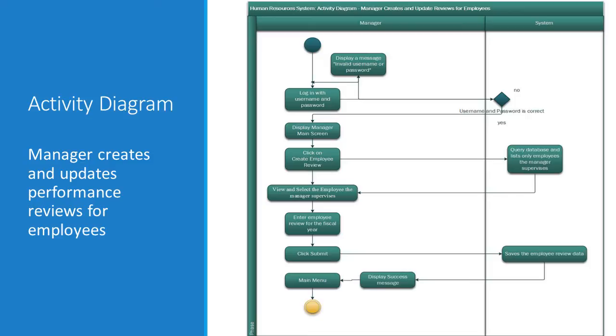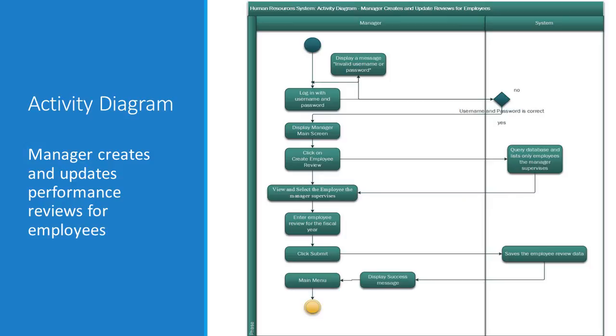So the manager logs on to the system with a username and password, and the manager main screen is displayed, which is different from the HR officer main screen, because the manager does not have as many administrative tasks as the HR officer does. So the manager right now is trying to create a performance review.